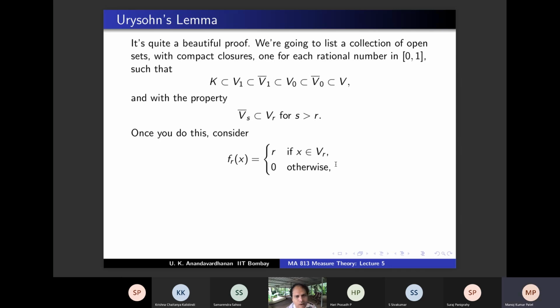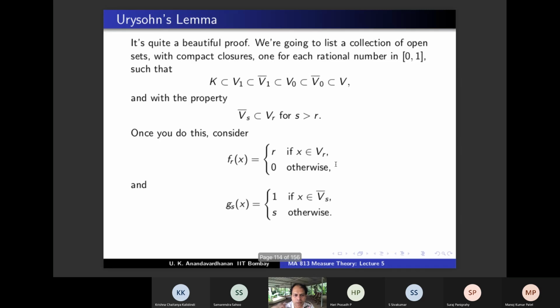R times the characteristic function of VR. So is it semi-continuous? VR is open. So characteristic functions of open sets are lower semi-continuous. So all these fRs are lower semi-continuous. Agree?